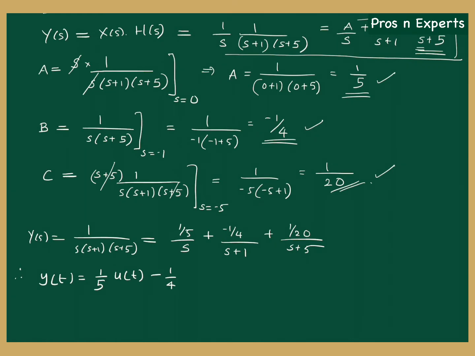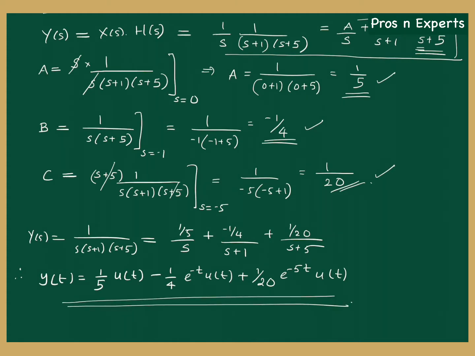It is e raised to minus t u of t, plus 1 by 20 into, what is the inverse transform of 1 by s plus 5? It is e raised to minus 5t u of t. We are assuming all these signals or the entire system is causal. Okay, so this could be the final answer.